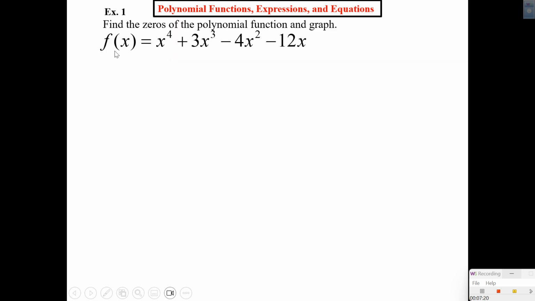So then I gave you guys a problem, and we found the factors using that theorem. So now let's put everything together. So write this down, example 1, and write this function. F of x equals x to the fourth plus 3x cubed minus 4x squared minus 12x. Copy that really quick.